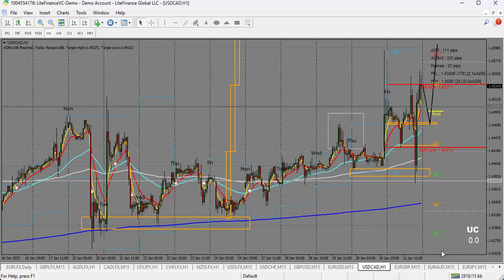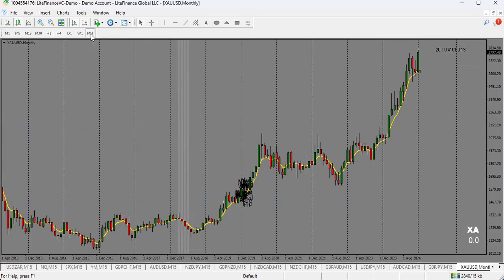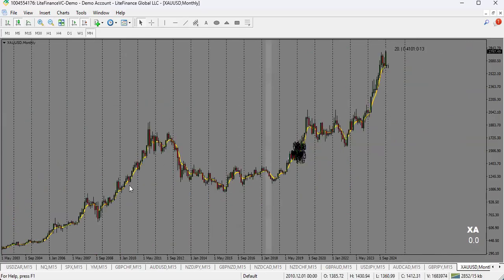Now let us go to gold. So let's find gold here. So we have gold, XAUUSD. Gold is a commodity, and as a commodity, it has its own unique characteristics, like forming new highs, like what it's doing here.